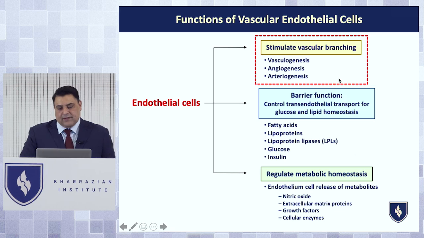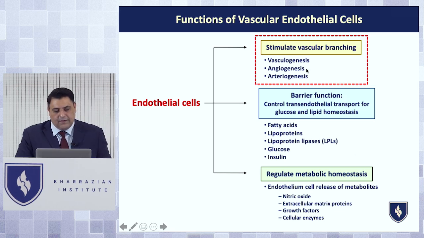Vascular branching is also referred to as vasculogenesis, angiogenesis, arteriogenesis. Really what that means is our arteries have to branch.